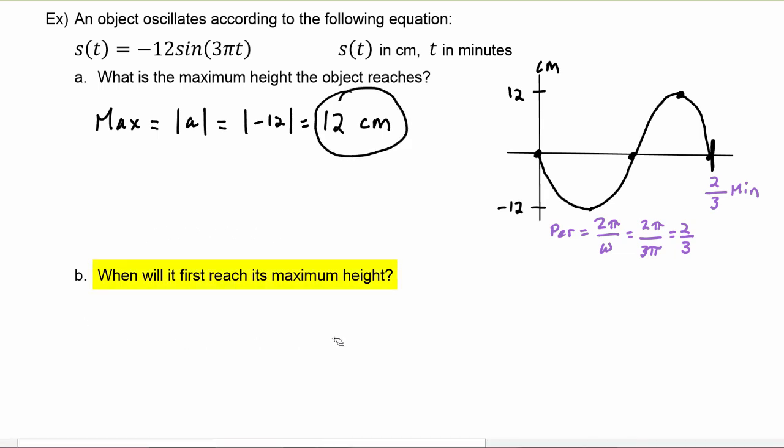In part B, it asks us, when will it first reach its maximum height? So what this question is asking is, when does S of t equal that maximum height, which we just found to be 12?